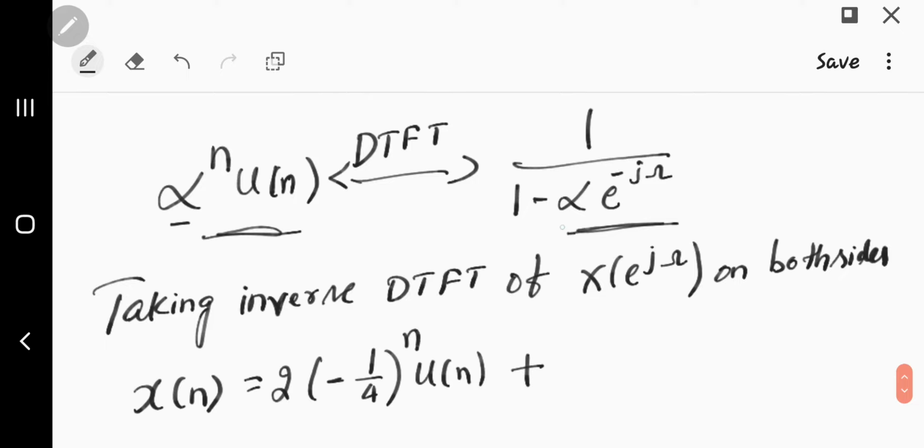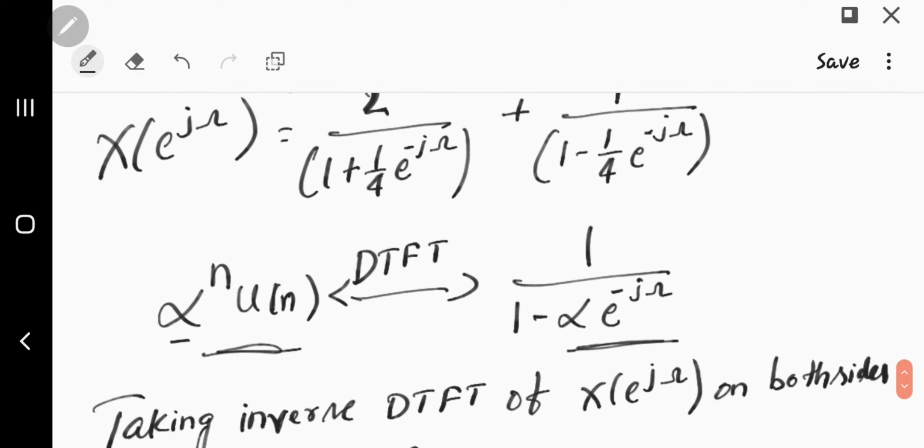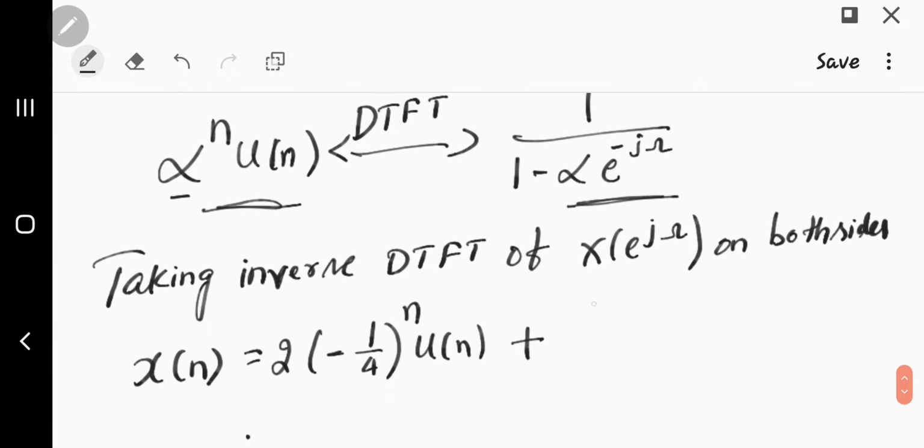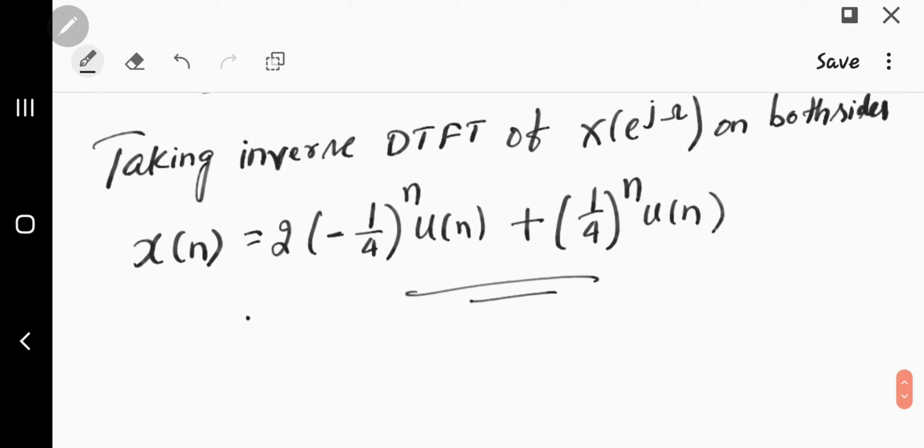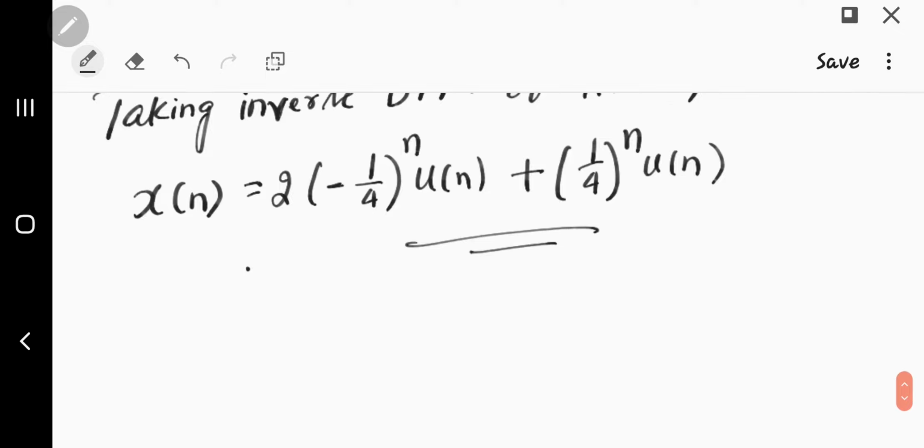So that means 1 minus alpha e^{-jω}, we have 1 minus 1/4, in place of alpha we have 1/4, so I am writing (1/4)^n u[n]. So this is the value of x[n] after taking the inverse transform.